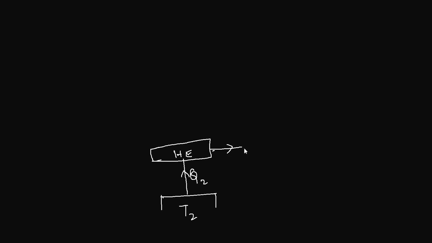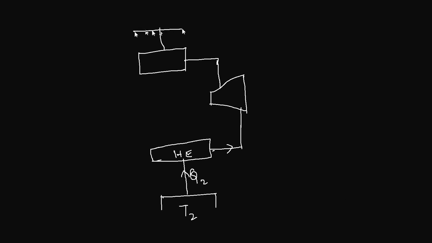It will flow into the turbine here, and from the turbine it will go back to the high temperature heat exchanger, where you will reject the heat to a high temperature reservoir.